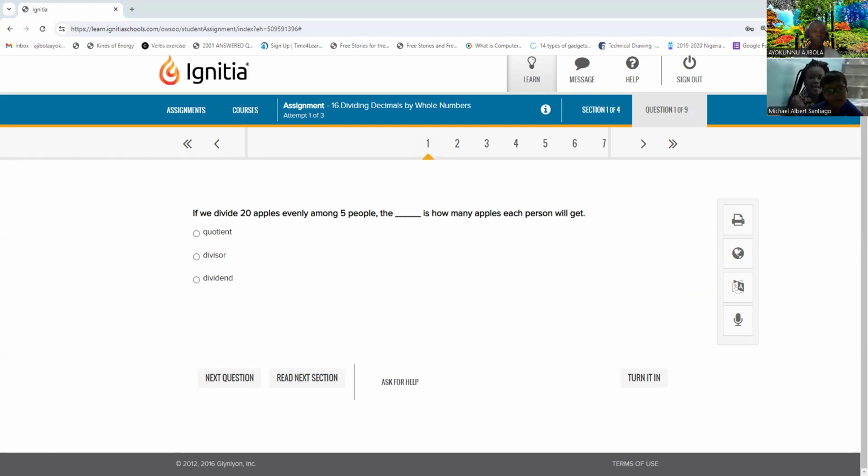If we divide 20 apples evenly among 5, the divisor is the 5. The quotient, yeah, the quotient. So it should be the quotient.